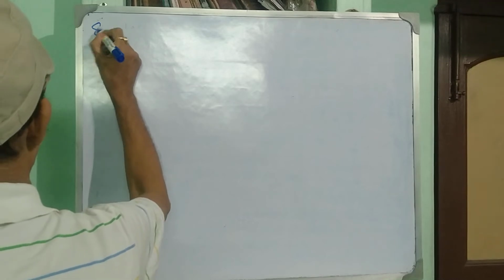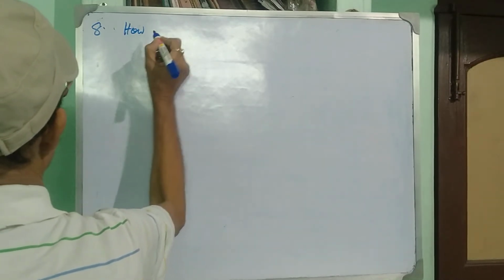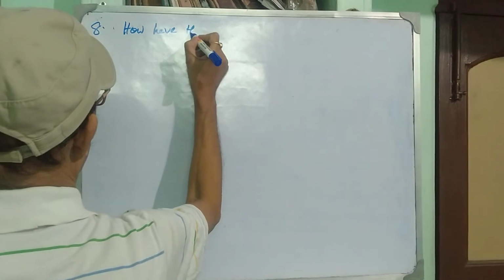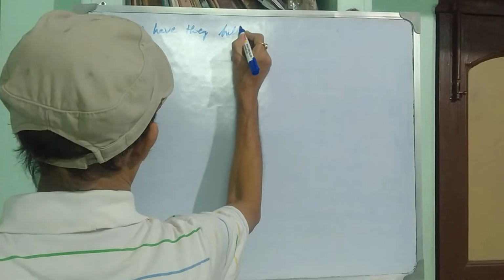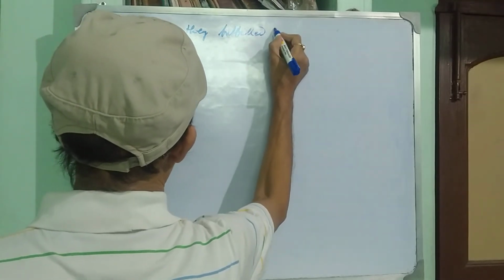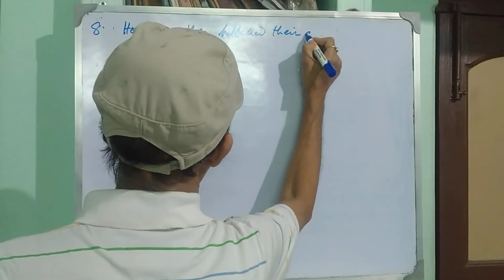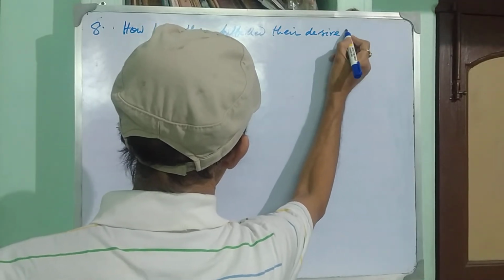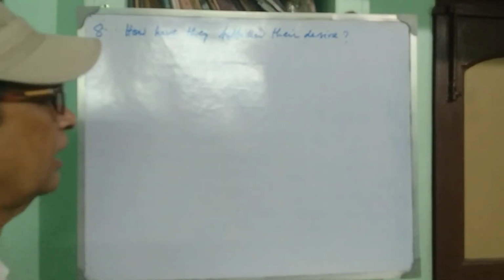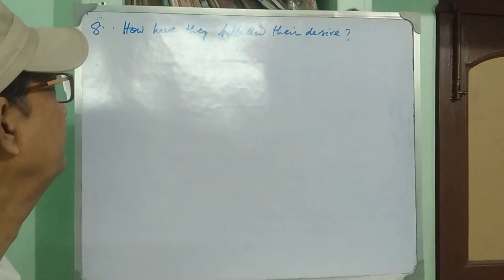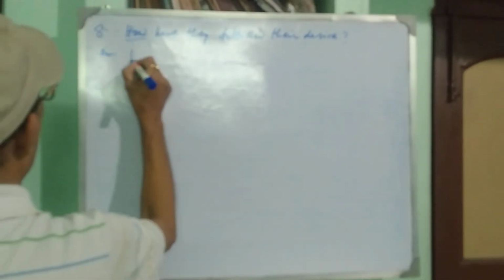Now let us take another example. Number 8: How have they fulfilled their desire? The Bengali meaning is: how have they fulfilled their desire. So how remains how.